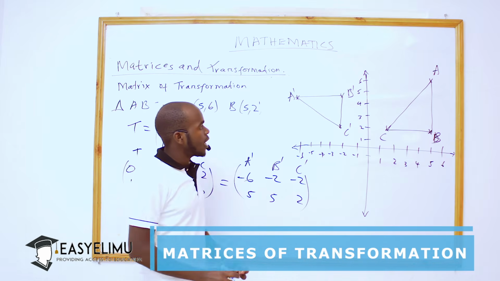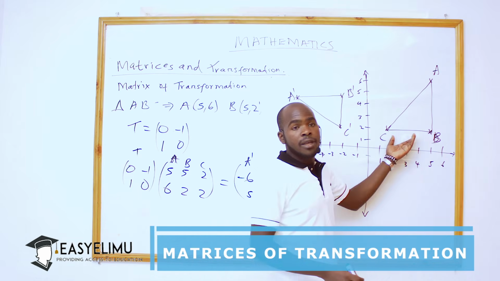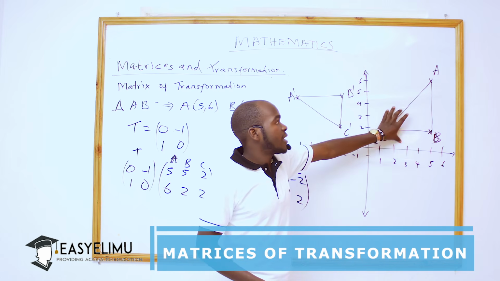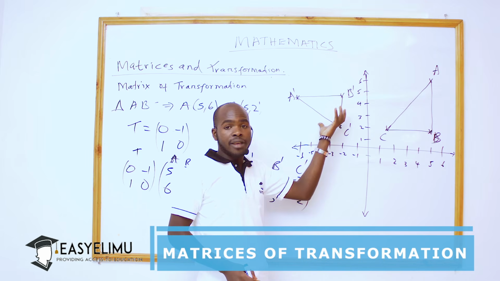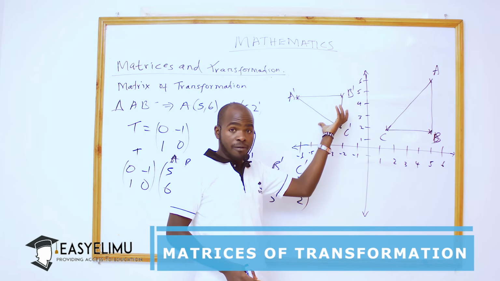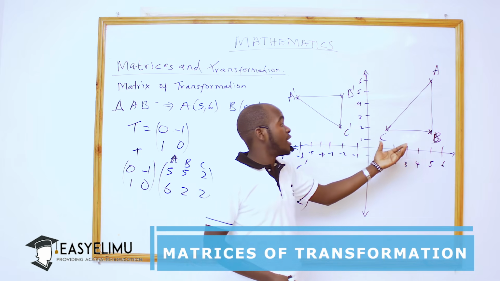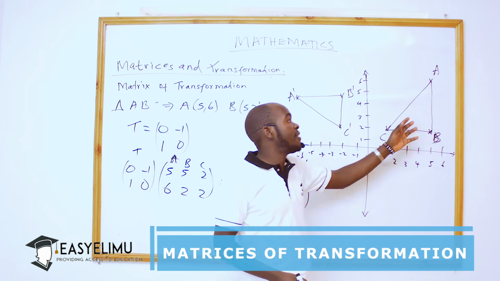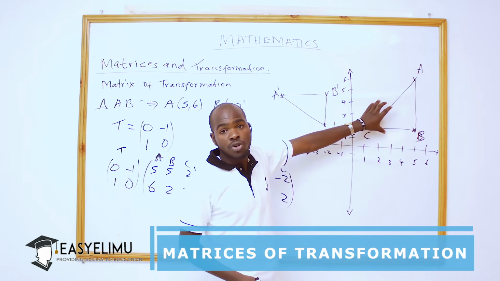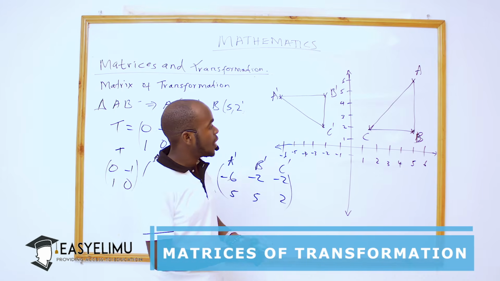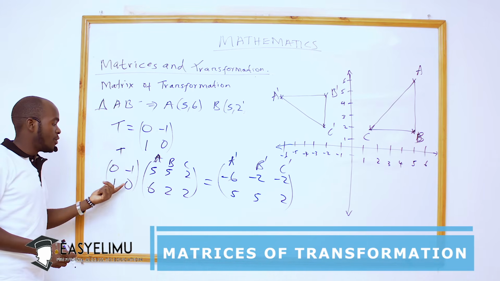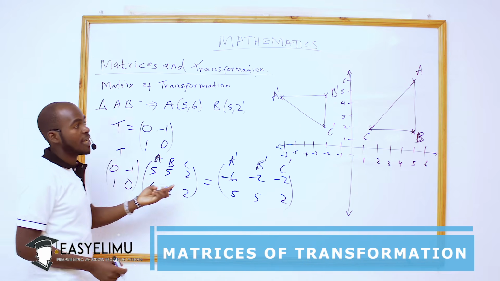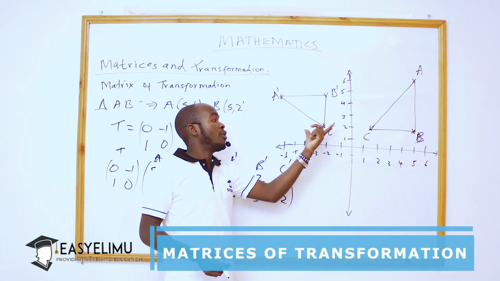So, as you can see, this object is still the same size as the image and the same shape. But the only thing that has changed is the manner in which it looks here and here. And we can see that on pre-multiplying it with a transformation of 0, -1, 1, 0, it has been changed to this kind of image.